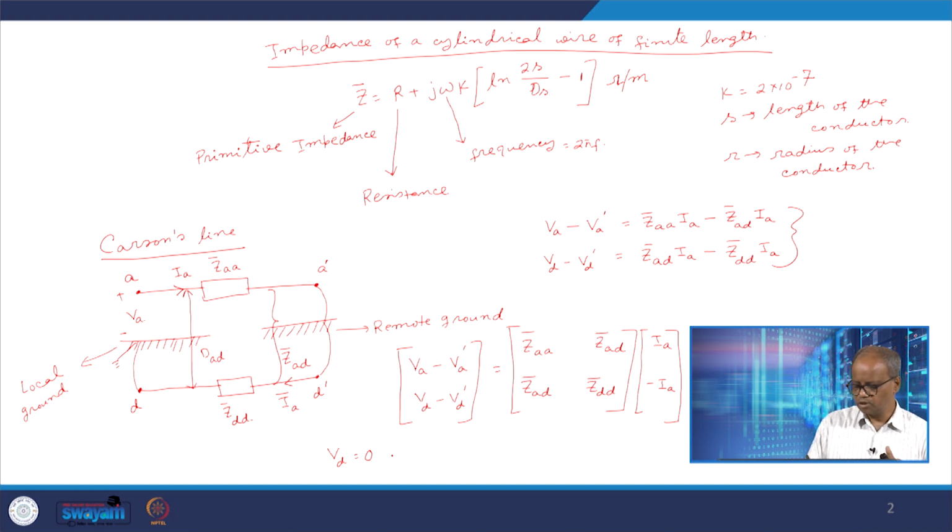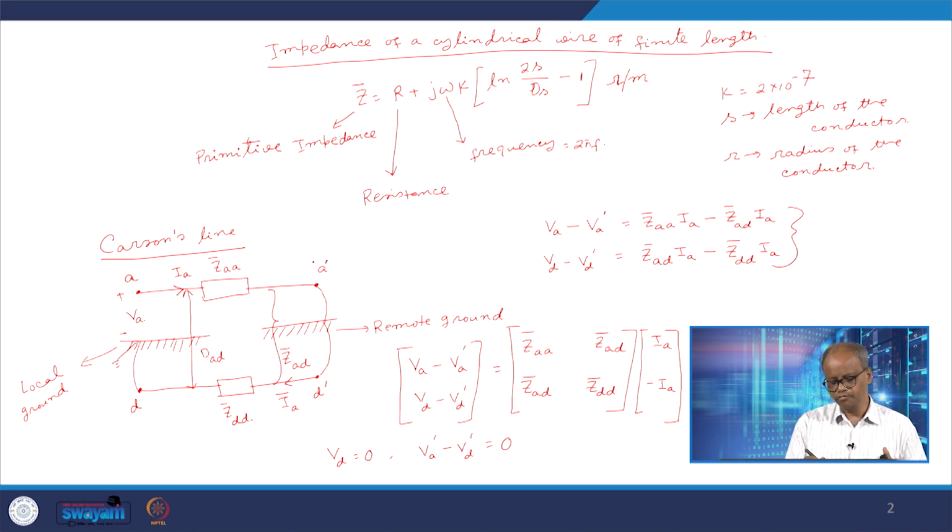So, then therefore, I can say that Va dash minus Vd dash is also equal to 0. Please note that this is a fictitious conductor, so we are adjusting its distance, and we are also assuming that its potential at point d dash would be exactly equal to the potential at point a dash.